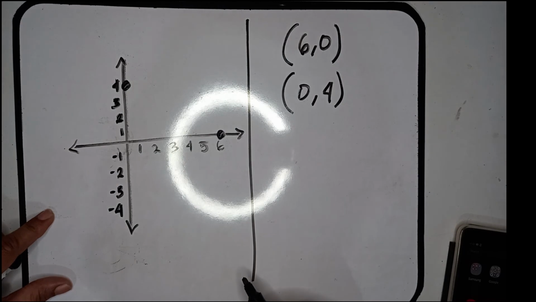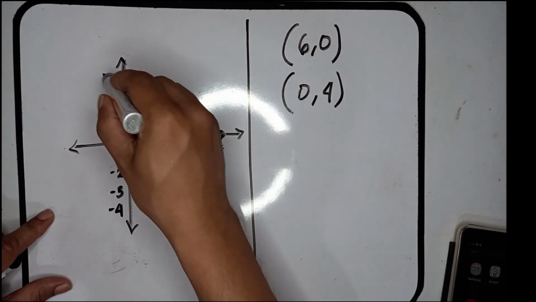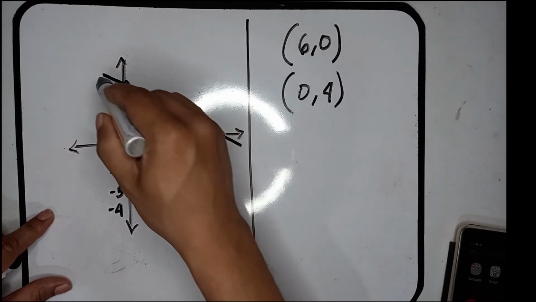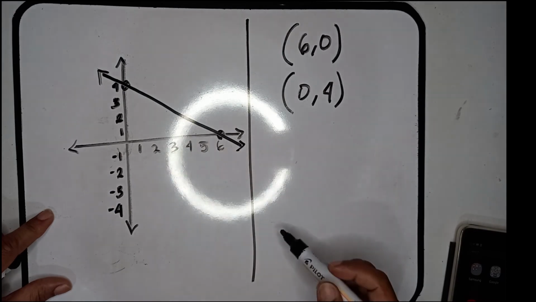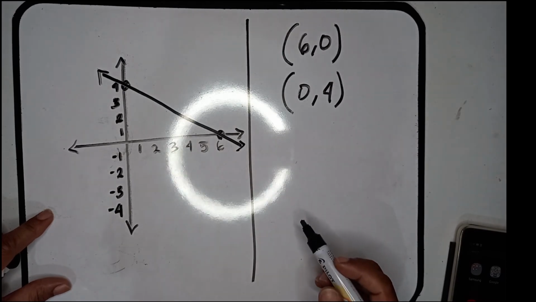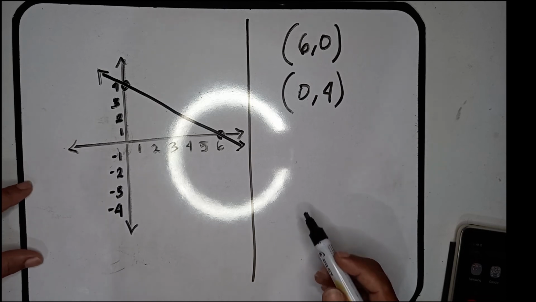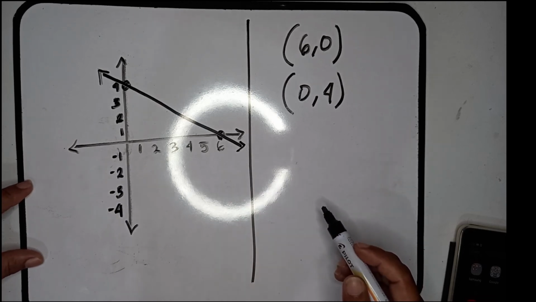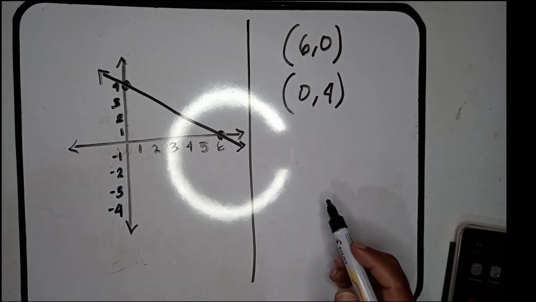Okay, so these are now the 2 points that we have, and then we can now draw a line to connect the 2 points that we have plotted in our x and y axis. Okay, so there you go.